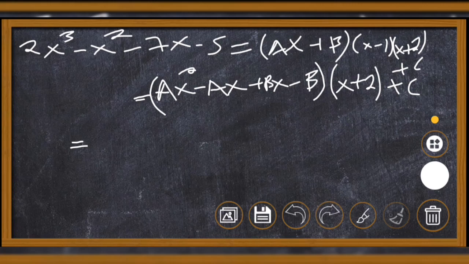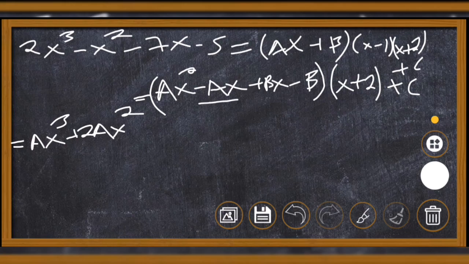For the sake of space, let me even begin from the far left side here. We're going to have ax^3. Then ax^2 multiplied by positive 2, we're going to have positive 2ax^2. Okay, we are done for a.